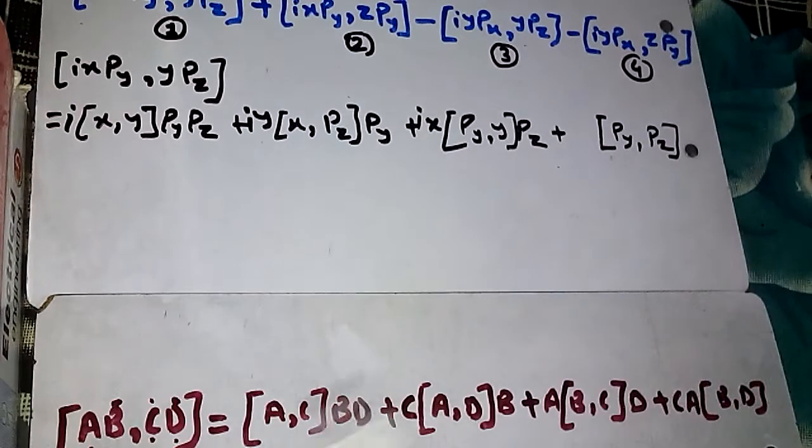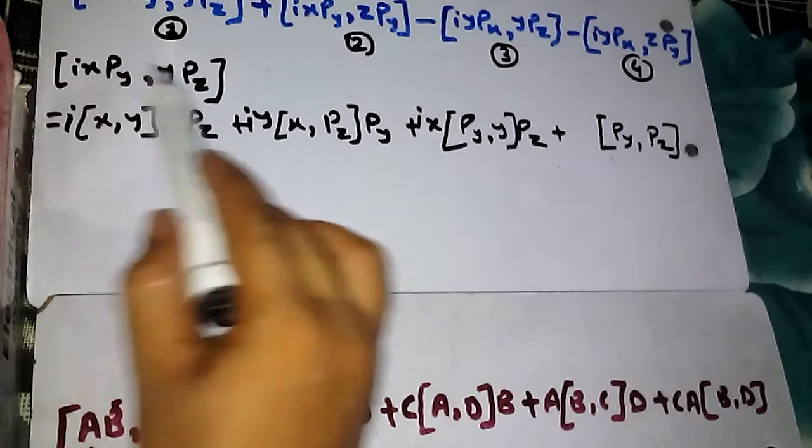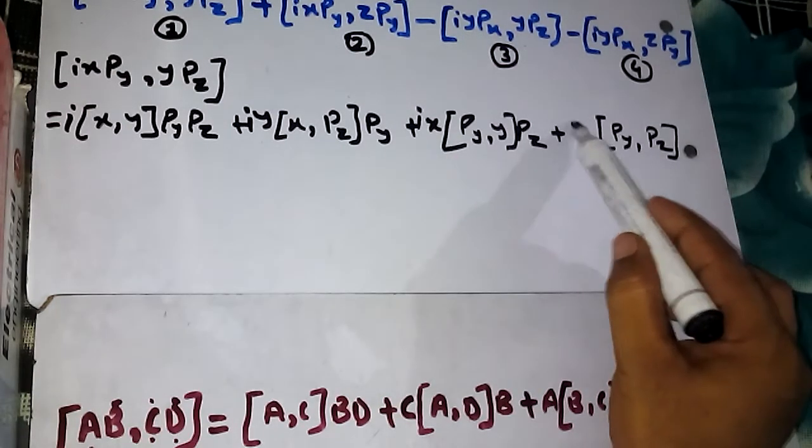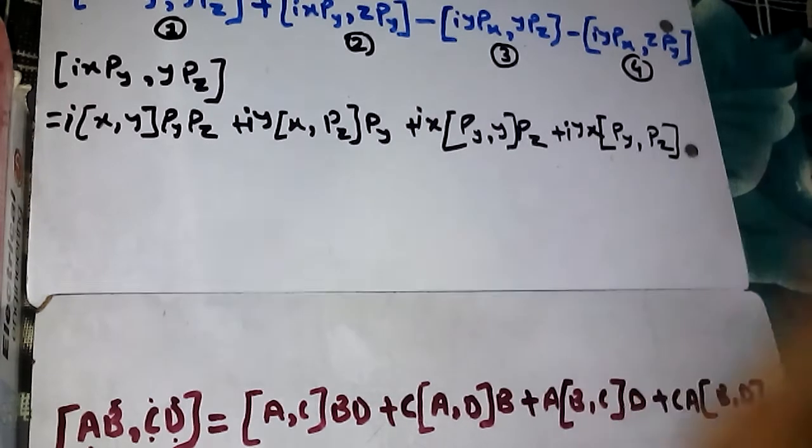So we are expressing this according to this one, and now x and y will come outside, so first y and then x, and obviously i will come outside.